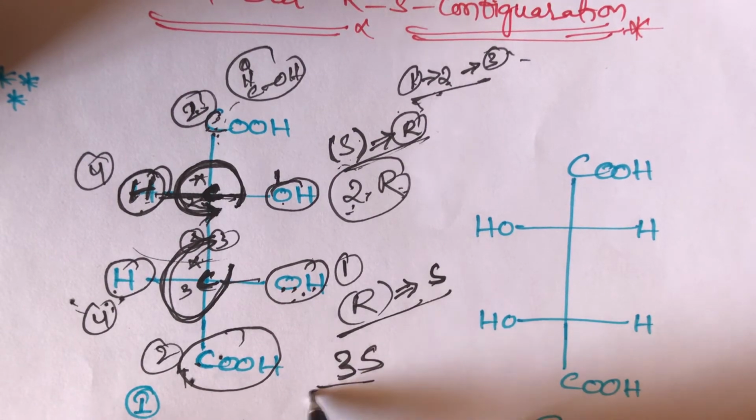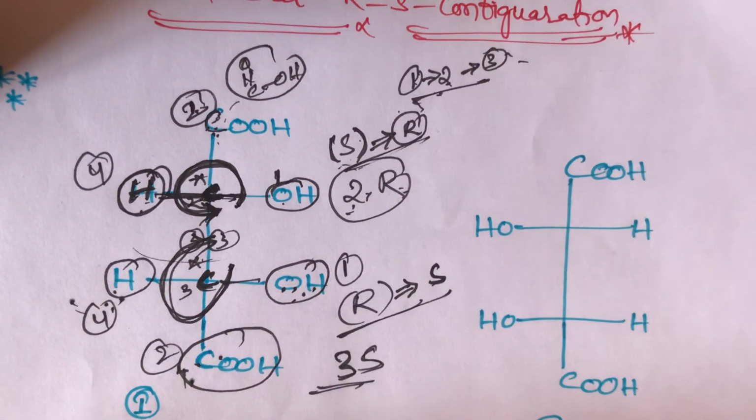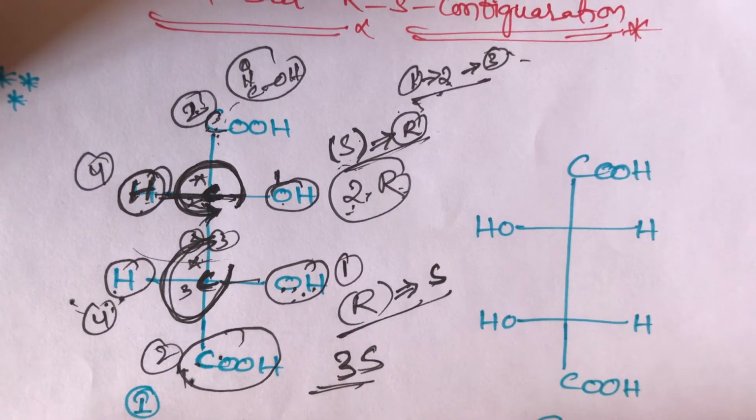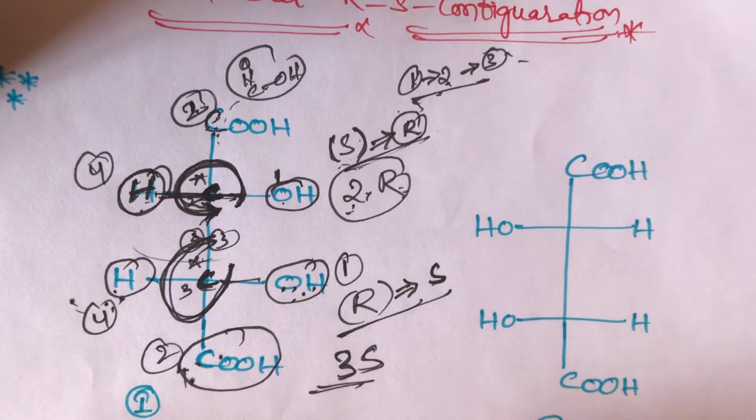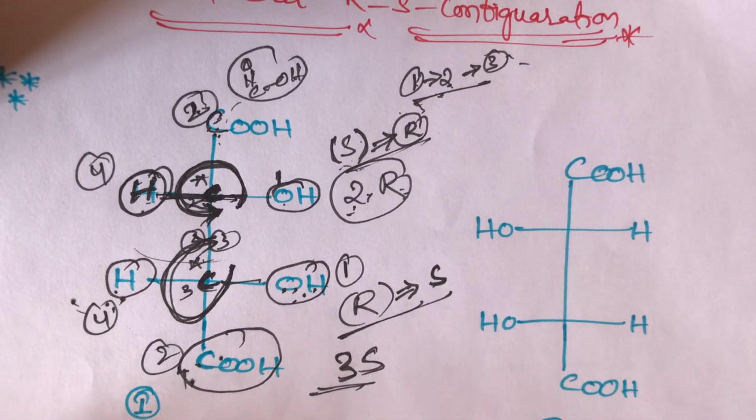So what is the configuration of the first structure? It is 2R, 3S. This is the simple trick, students.